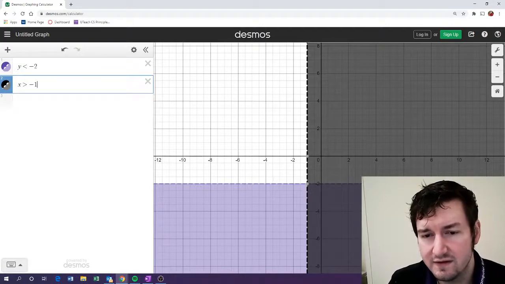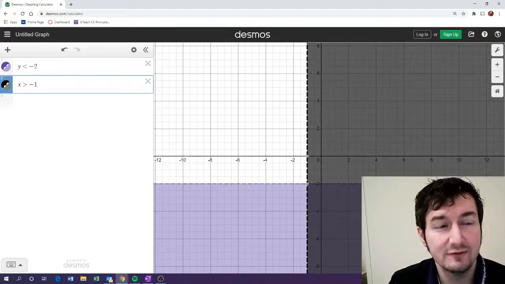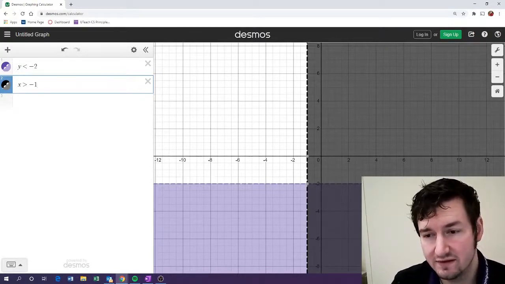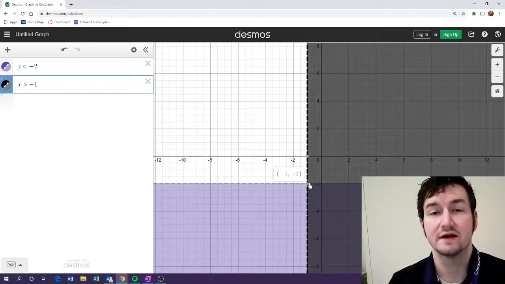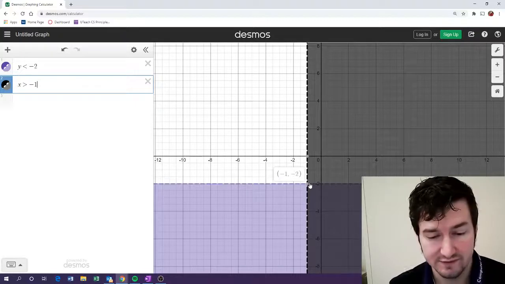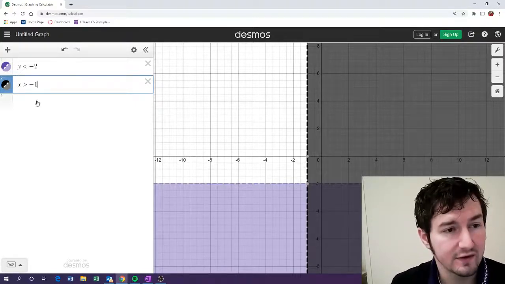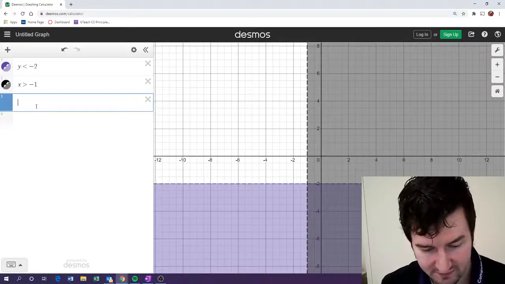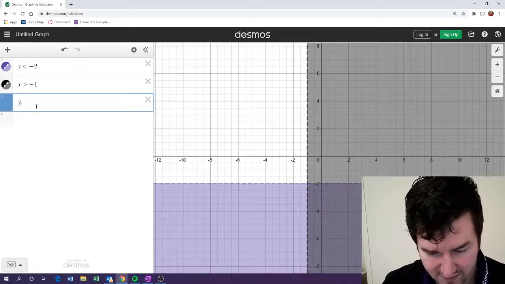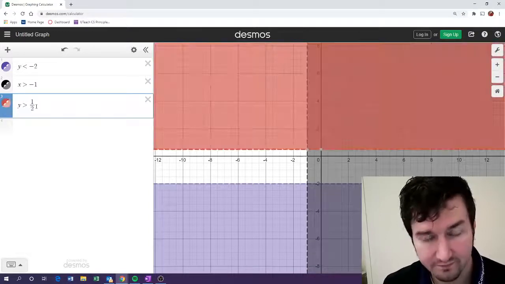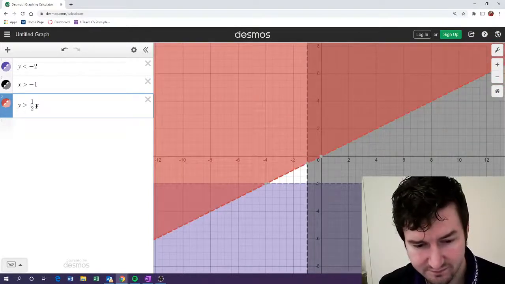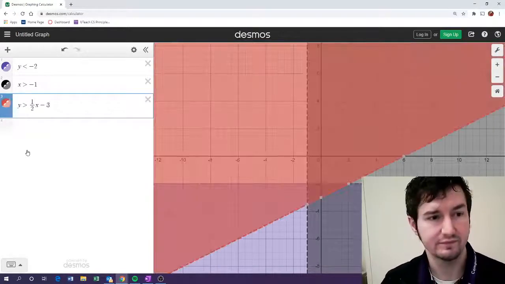And so far, the solution to these two inequalities is just going to be this box down here where they overlap. So we're looking for overlap when it comes to the solution for these inequalities. But they had a third inequality, so we're going to type that in as well, and that's y is greater than 1/2 x minus 3.